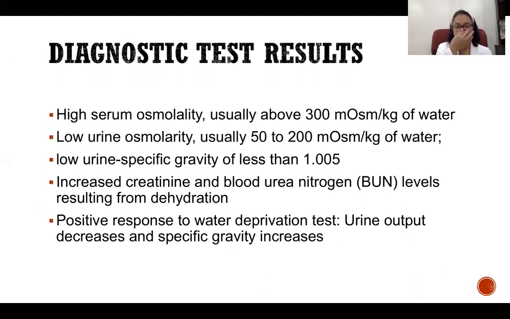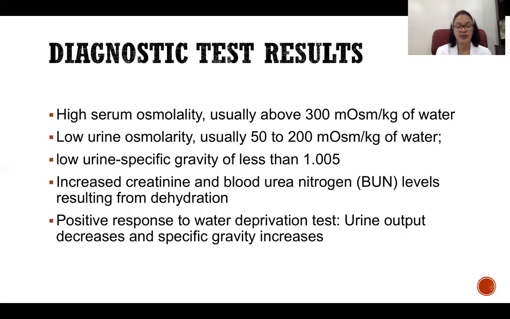So what would be the diagnostic test results in patients with diabetes insipidus? So they might be having high serum osmolality, and that osmolality is usually above 300 milliosmoles per kilogram of water. Whereas if you check the urine osmolarity, it's very low. It's about 50 to 200 milliosmoles per kilogram of water.